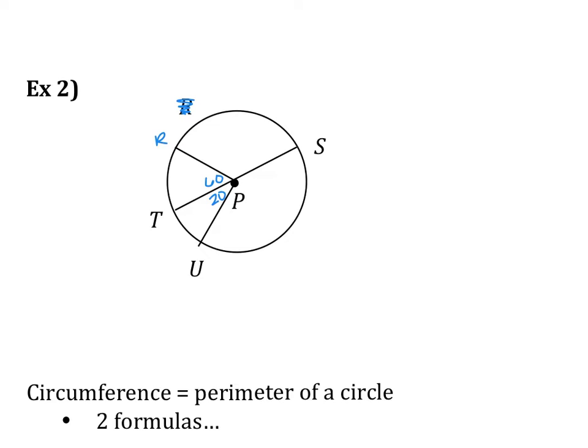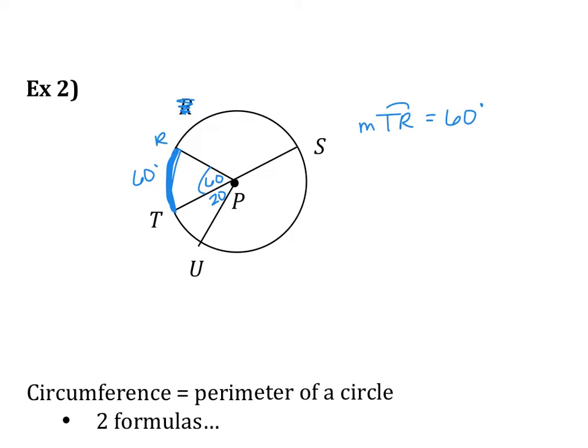So let's say this is my setup, and I want to know the measure of arc TR. Arc TR means we're going from T through R. So I want to know how many degrees is that arc. Well, because my central angle is 60, then my arc is also 60.